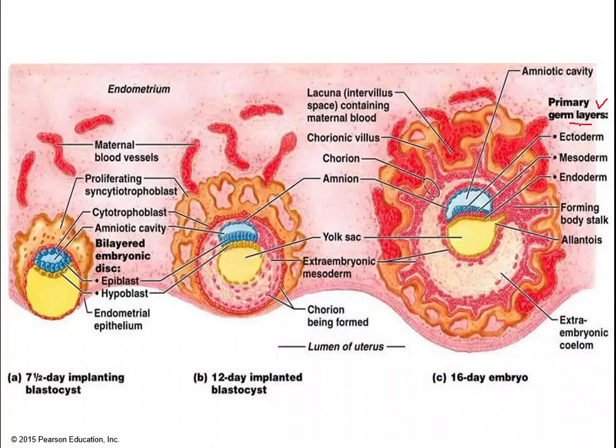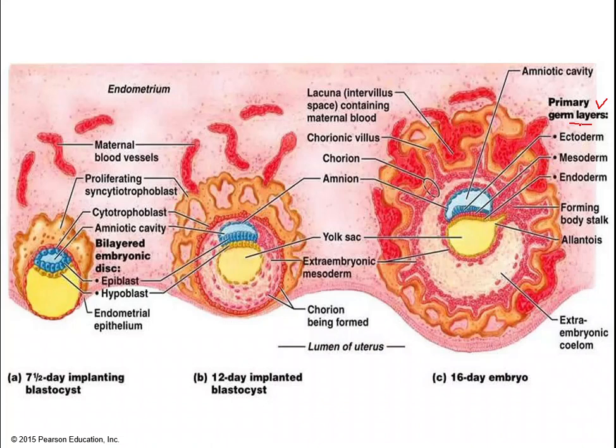And that process can begin from the 3rd week and continue on to the 8th week of embryonic development. Okay, so 2 processes that I have mentioned, gastrulation and organogenesis.